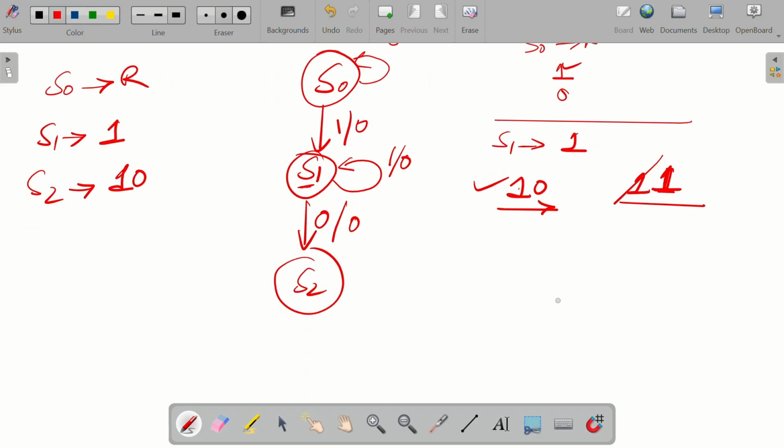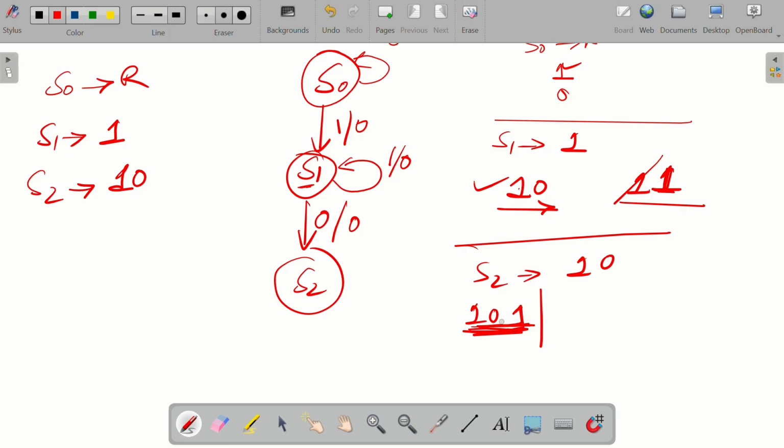Now we'll move on to your state S2. In S2, I already have 1, 0 with me. If my next bit which I get is 1, this means my sequence detection has successfully completed and I can move on to the reset state to start with the new sequence.